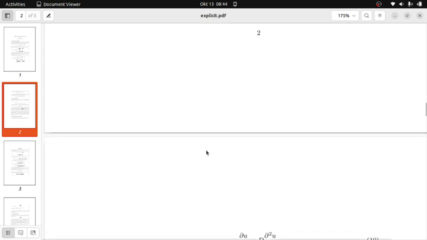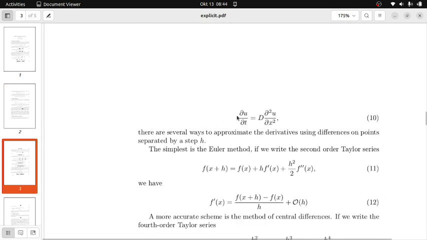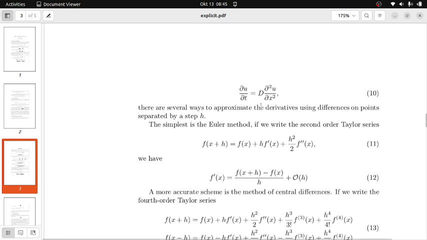It is actually a very simple method: if you take the heat equation, which is del u del t equals D del squared u del x squared, what we do is approximate this derivative by a difference of the field, right? So instead of the continuous derivative, we compute this equation for a finite difference. And the simplest way to approximate the derivative of a function is the Euler method.